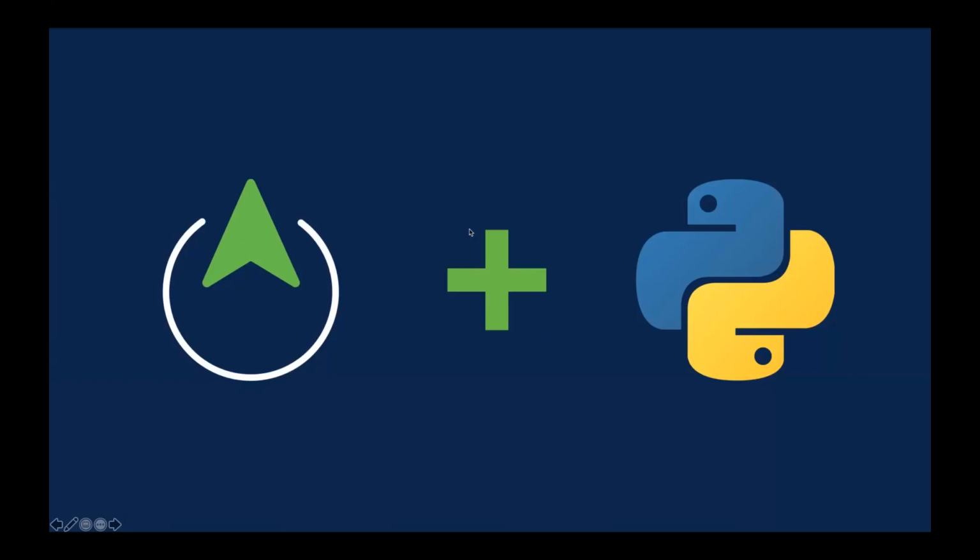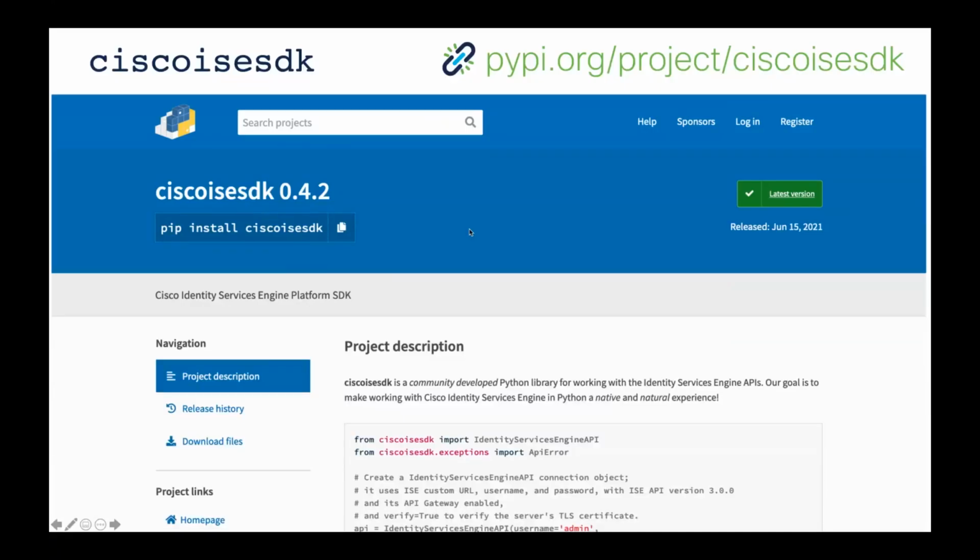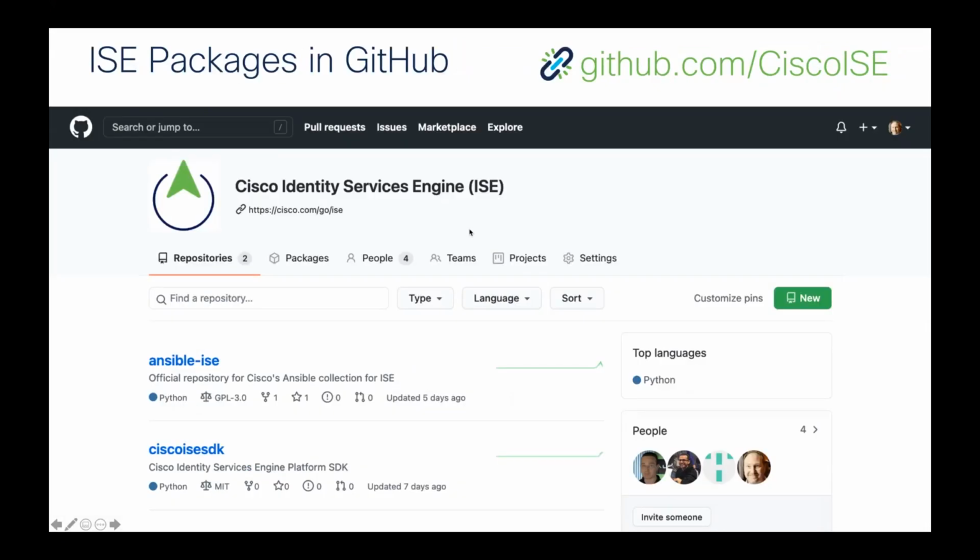We happened to do it at the time we were developing ISE 3.1 because we also wanted to do Ansible. So what we have here is the Cisco ISE SDK. If you know Python, you know about PyPI and doing an installation with pip. So you can do all that. It's just pip install Cisco ISE SDK, and it's open source. We have the packages out in GitHub, and you can see if you're interested in how that works.